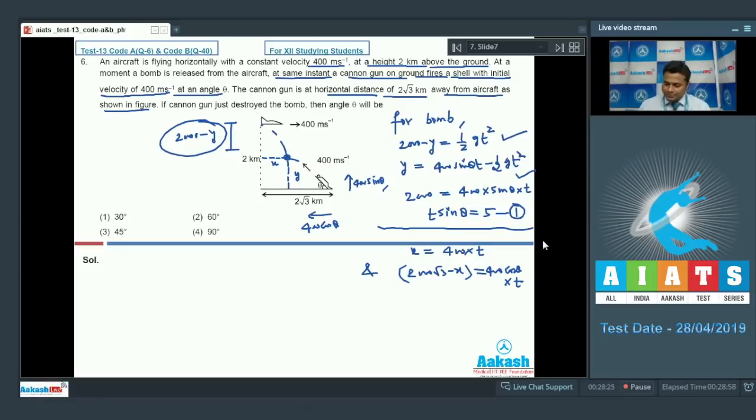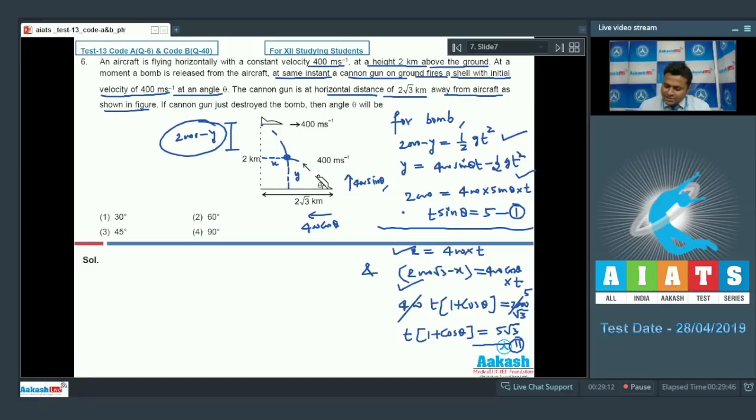Now solving these two equations, we get 400 into t into 1 plus cos theta equals 2000 under root 3, and after solving we'll get t into 1 plus cos theta as 5 root 3. 400 will be cancelled with 5 times, so 5 under root 3. Let us take it as equation number 2.